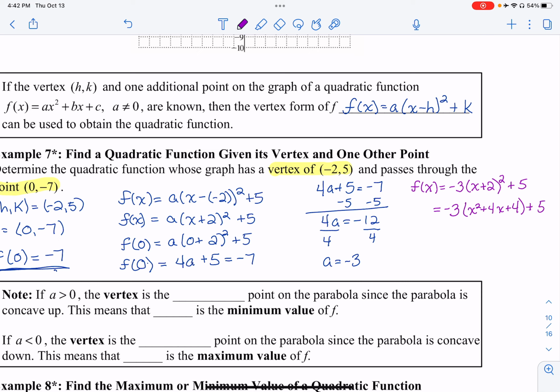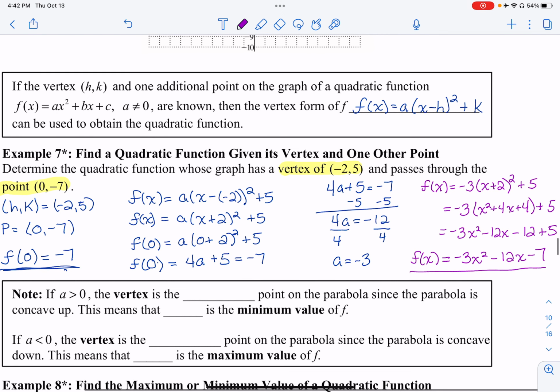If we distribute the −3, we have −3x² − 12x − 12 + 5. And finally, combining the constants, we have −3x² − 12x − 7. And this would be the function that we would be looking for.